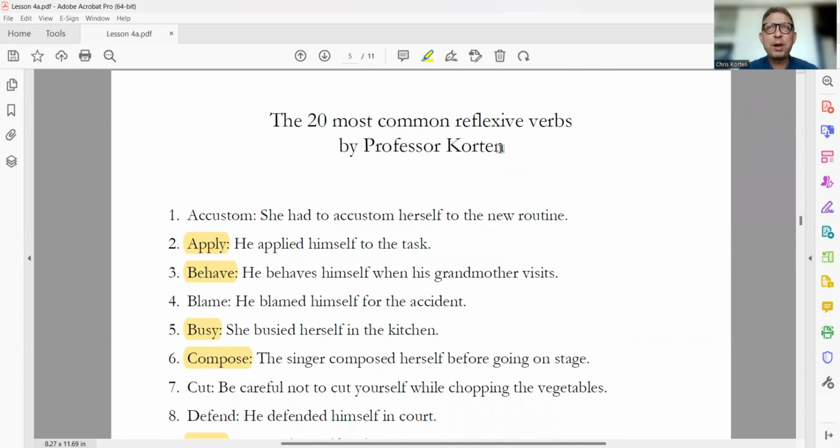So if I apply myself to my studies, so maybe you should apply yourselves to this course in English, that means you work really hard. I applied myself to learning Italian. So for example, that means you worked really hard to learn it. That's a nice one, and one that's not obvious in its meaning.